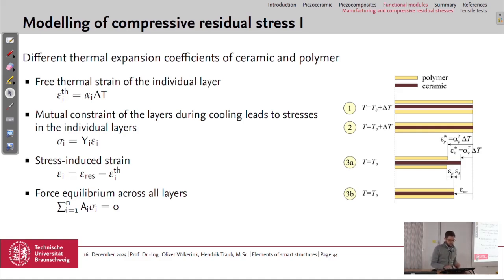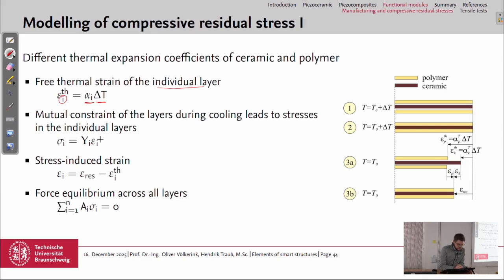We also can have a look at the buildup of the residual stresses. So a simple model again. If we have the different individual layers i, the thermal strain forms from the coefficient of thermal expansion of the material times the temperature difference from curing temperature, or the temperature where it solidifies, down to the room temperature, for example.